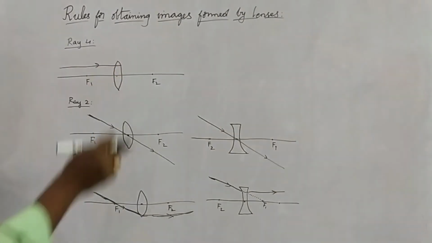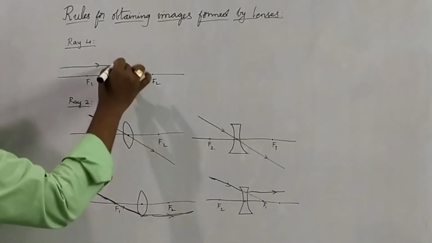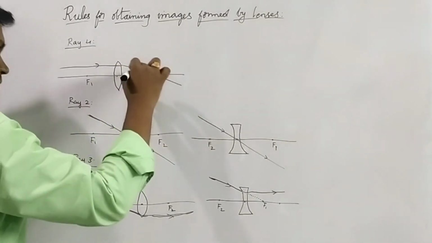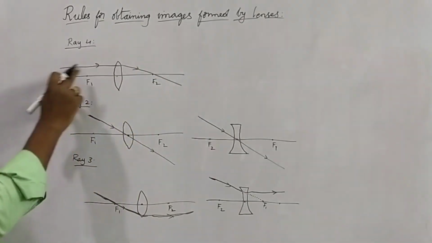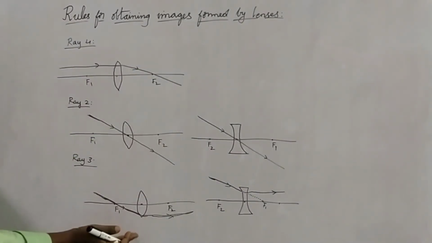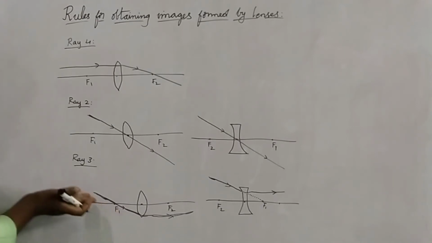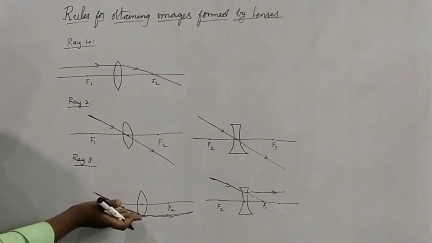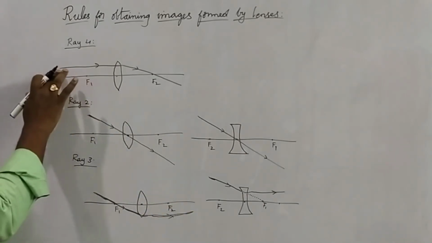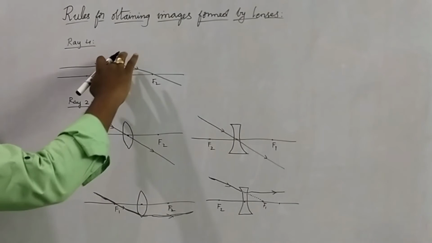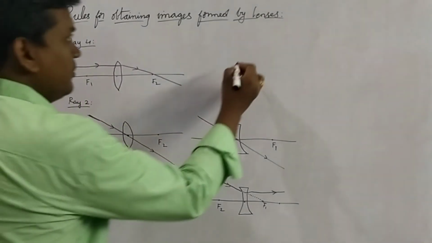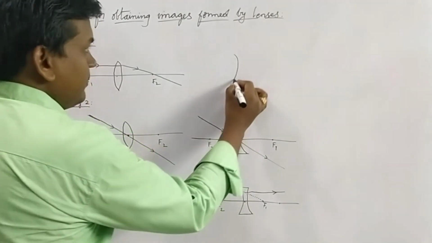Here a ray is parallel to the principal axis, so after touching the lens, it will pass through the focus. That means it is the reverse of the previous case. Here it was passing through the focus, after touching the lens it was parallel to the principal axis. But here a ray which is parallel to the principal axis, after touching the lens it will go through the focus.